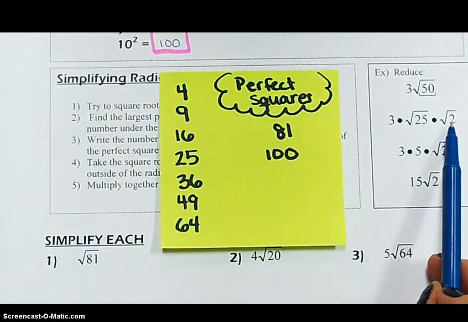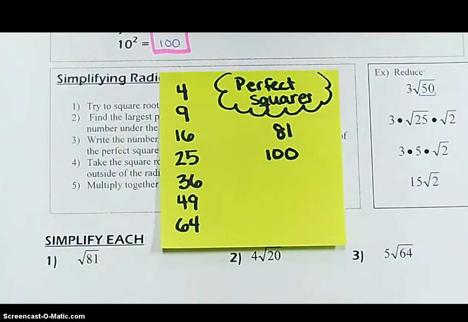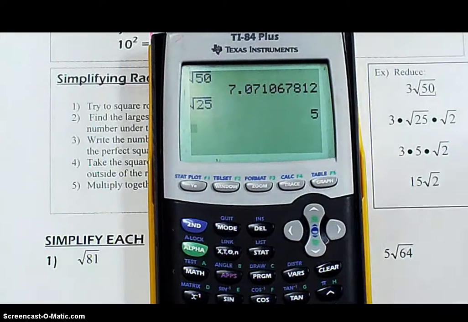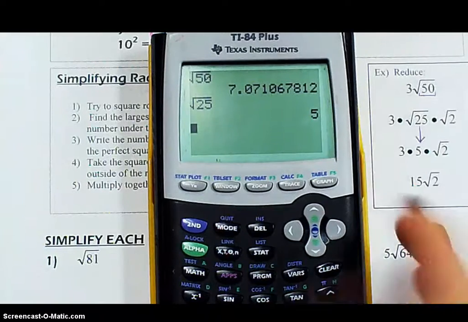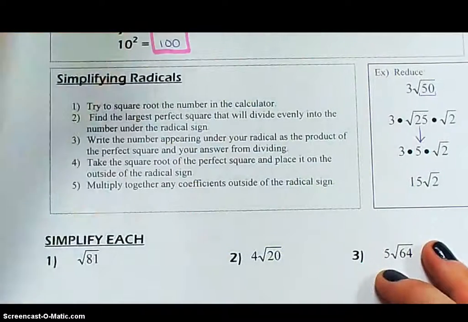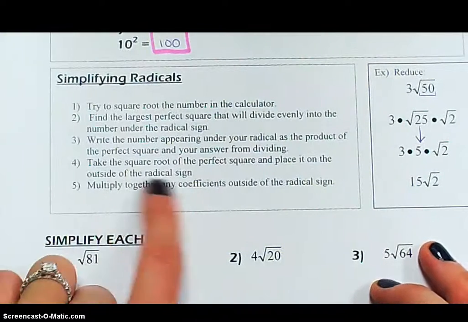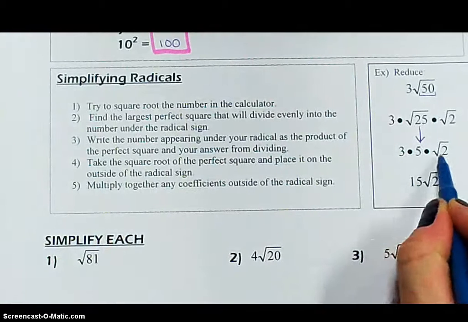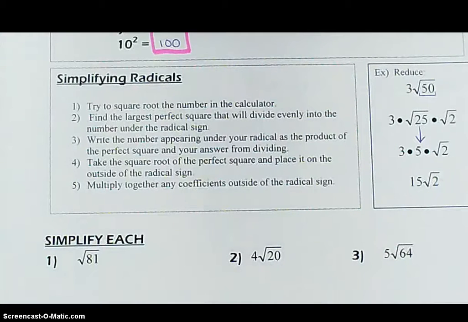So radical 25 times radical 2 is radical 50. But then if I were to take the square root of 25, I get a perfect integer of 5. So this 25 then comes down into 5. And what we're going to do now is we're going to multiply everything together. So 3 times 5 is 15, and the radical 2 just follows down.